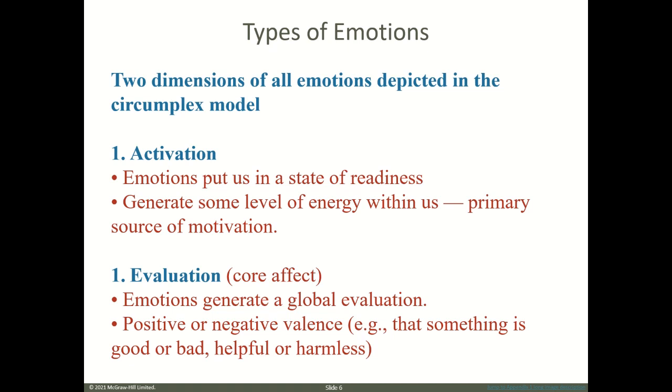So two dimensions of all emotions are depicted in the circumplex model. One is activation and the other is evaluation. Activation means emotions put us in a state of readiness and generate some level of energy within us. That becomes the primary source of motivation.